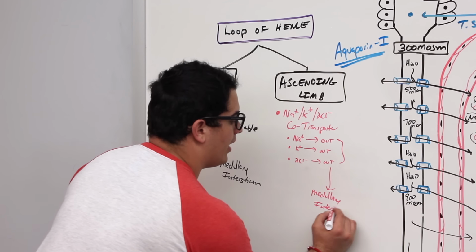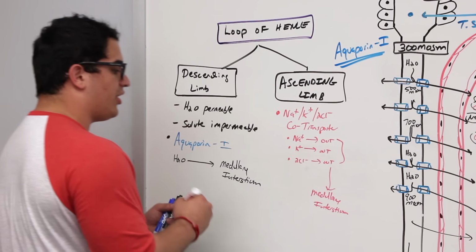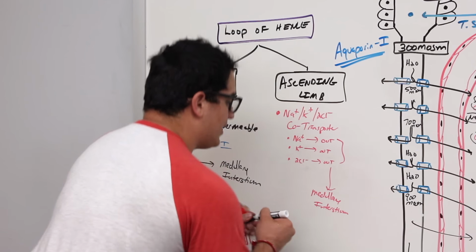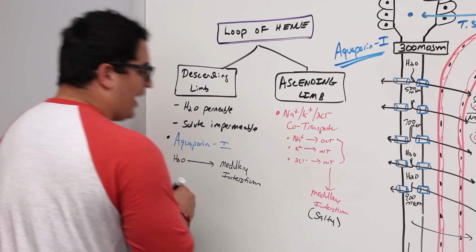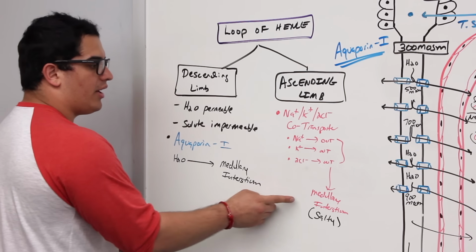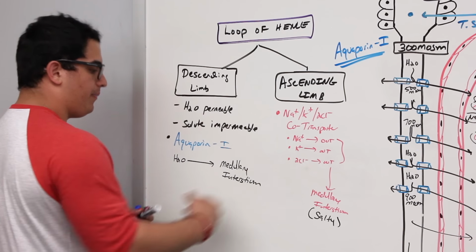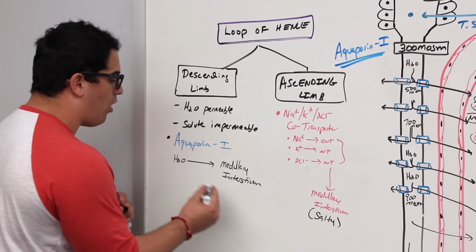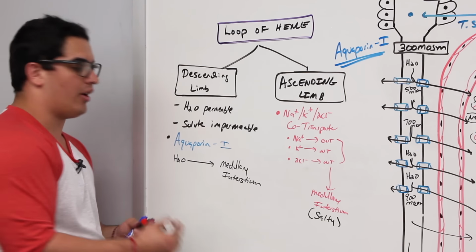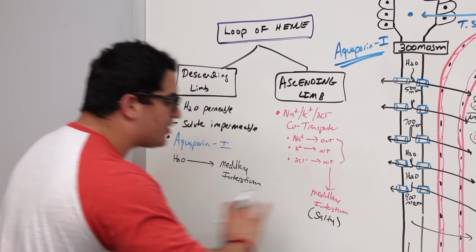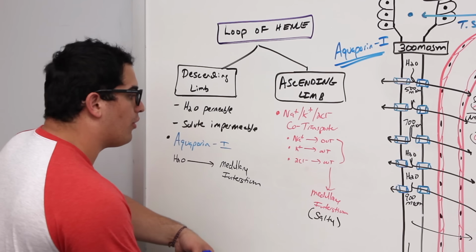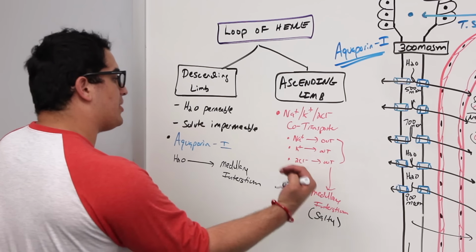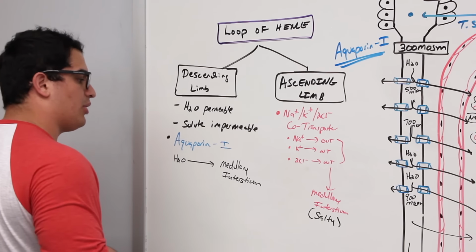If it pumps it out into the medullary interstitium, what's it going to do to the medullary interstitium? It's going to make it really salty. If it's really, really salty on that medullary interstitium as it's going up, what's it going to do? It's going to want to pull the water out into that area. What is that called whenever the water moves out into the area of the medullary interstitium as it's going down, while as the ascending limb is moving up, it's actively pumping out that sodium, potassium, and the chloride?